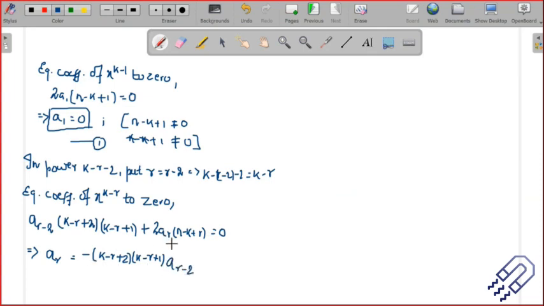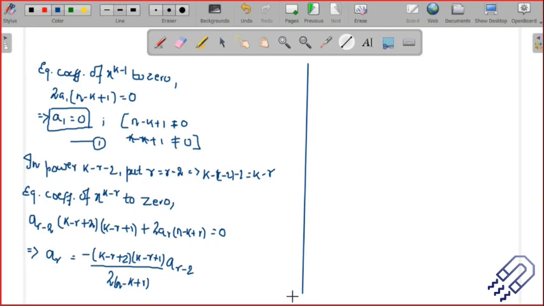So this is 1, and then you divide it by whatever is left out here, so we have it divided by 2 times n minus k plus r. So this way, you actually have a relation between ar and ar minus 2. That means you can put the value of r and get the corresponding value of ar minus 2. That is what we are going to do now, and we are going to find out the entire series. Now you know why we have done so many steps here.